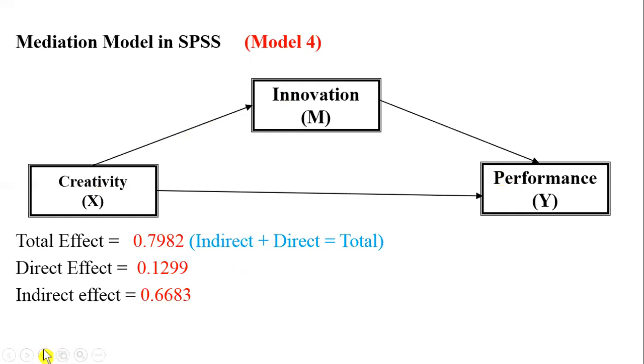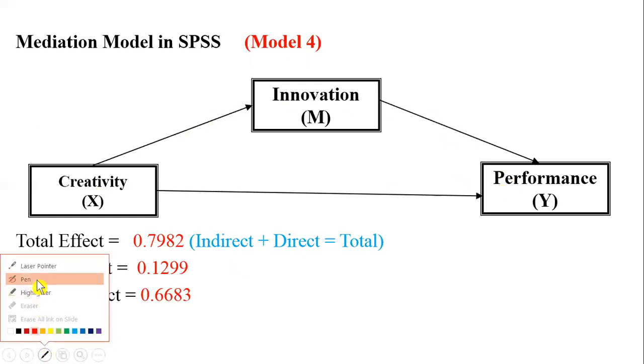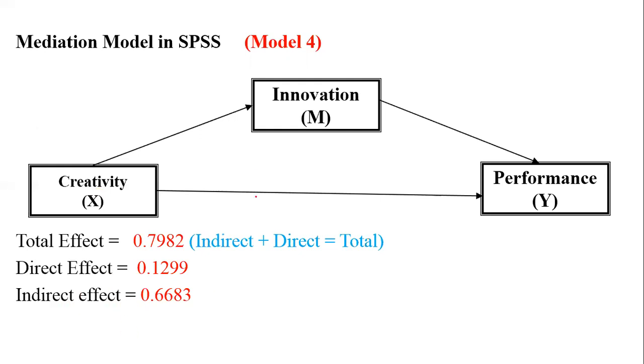So, if we say that this effect, which is the indirect effect, is significant, and direct effect is also significant, if this is the condition, which we got the results just like what we are talking about, if both the effects are significant, then you can say that it's a partial mediation.